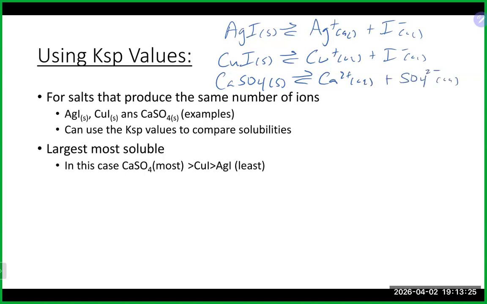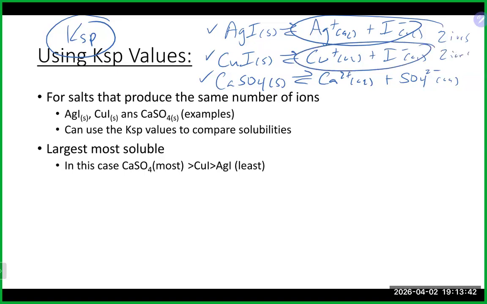Now, if you want to use the KSP values directly to compare the solubilities of each of these, you can do so, and for one reason: every one of these breaks apart into two ions. Because they all break apart into the same number of ions, which doesn't necessarily have to be two, you can directly use the KSP values to decide which one should be more soluble and which less soluble.